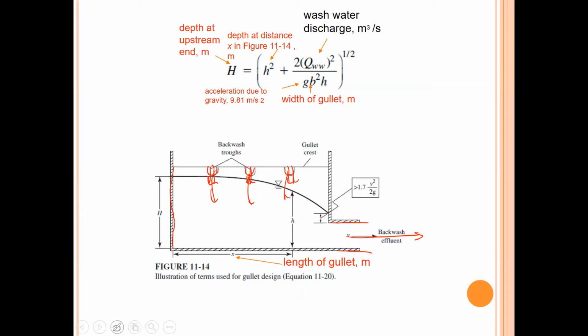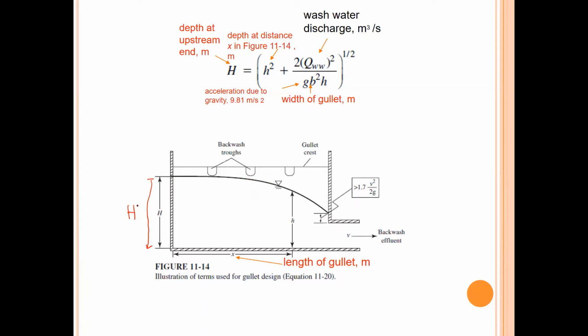So when it happens, we get a profile of water level in the gullet structure like this. This is all water, and water goes out from here. The height of water at the side of the gullet where there is no exit, we call the maximum height.